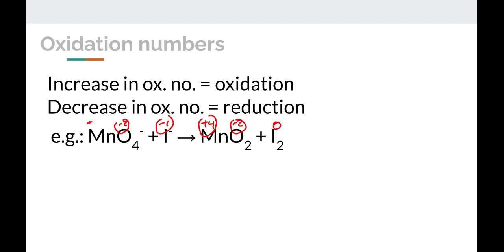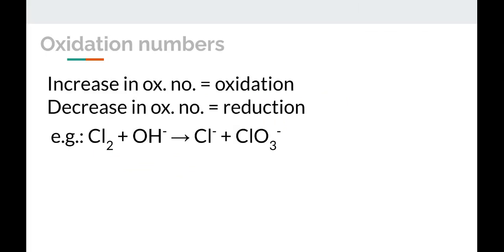This is a 1- ion, so the manganese must be +7 oxidation number. So iodine went from -1 to 0. That's an oxidation. The manganese went from +7 to +4. That's a reduction in oxidation number, so it's a reduction half reaction.